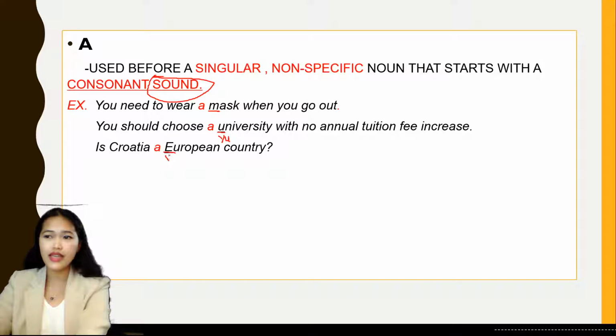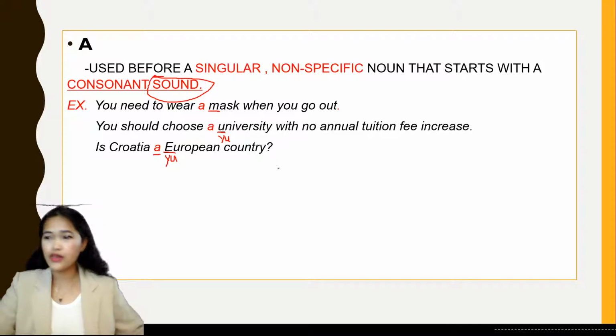But it is again pronounced as you, European. So that is why we use the article a. Is Croatia a European country? So many countries are there in Europe. So there are so many European countries.